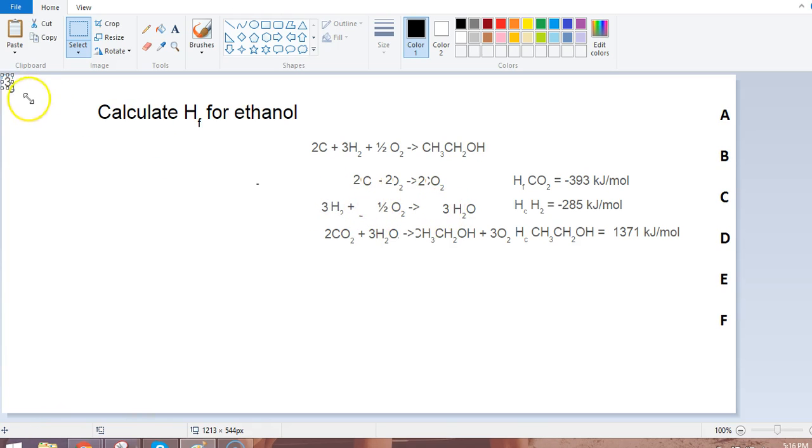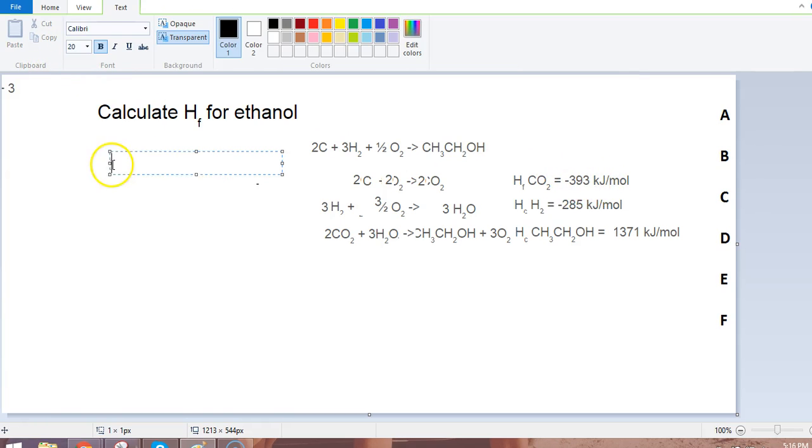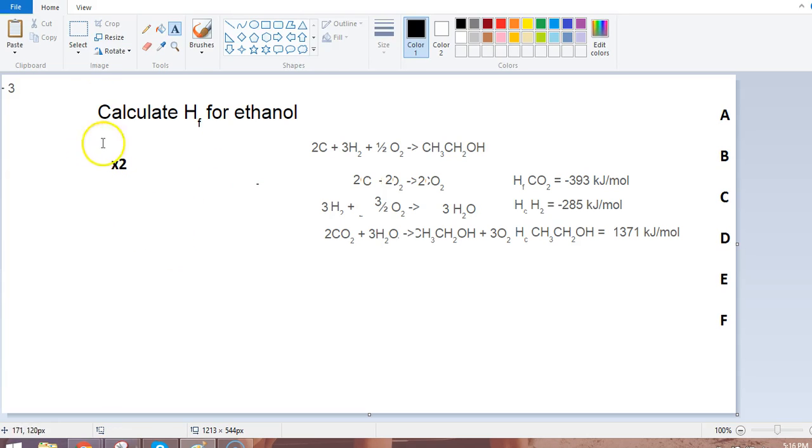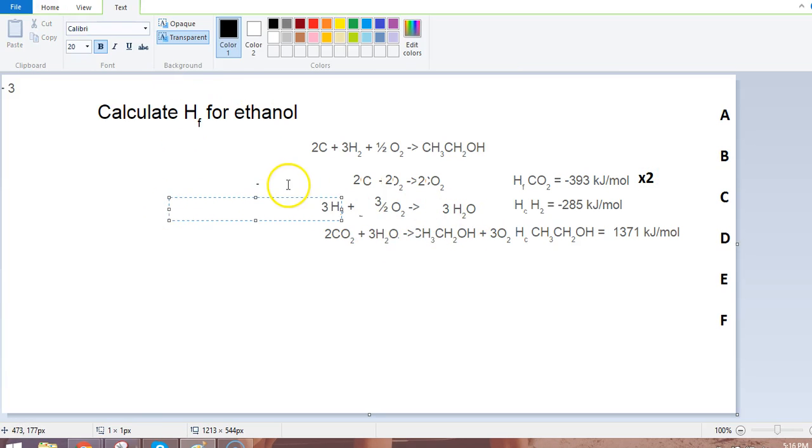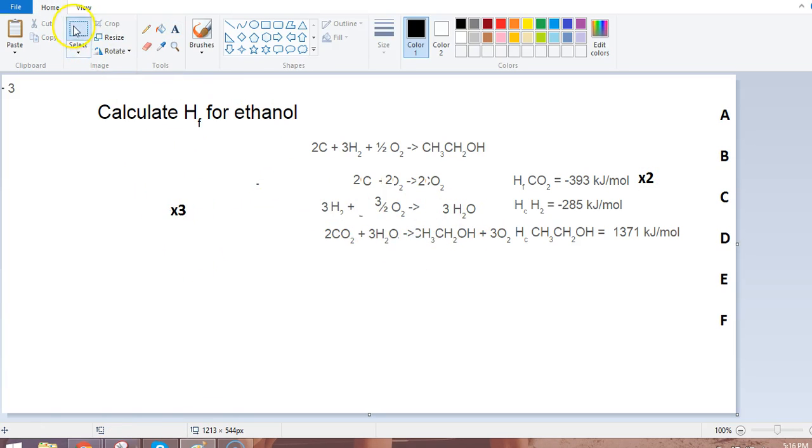If I triple that, that will be 3/2. And then by doubling this one, I also double this value. And since I tripled this one, I'm also going to triple the enthalpy values for this equation.